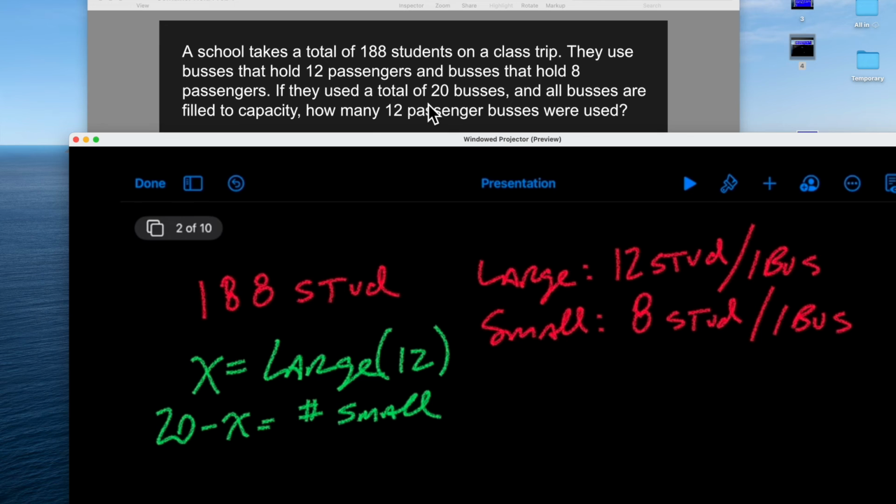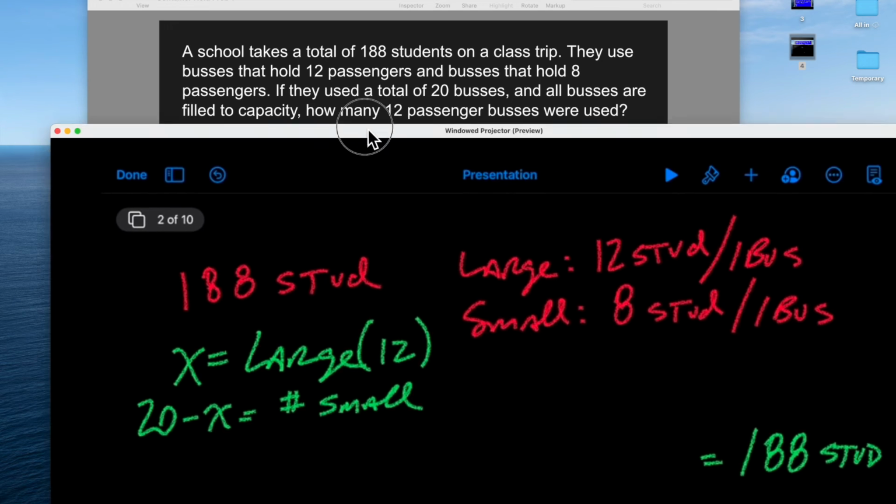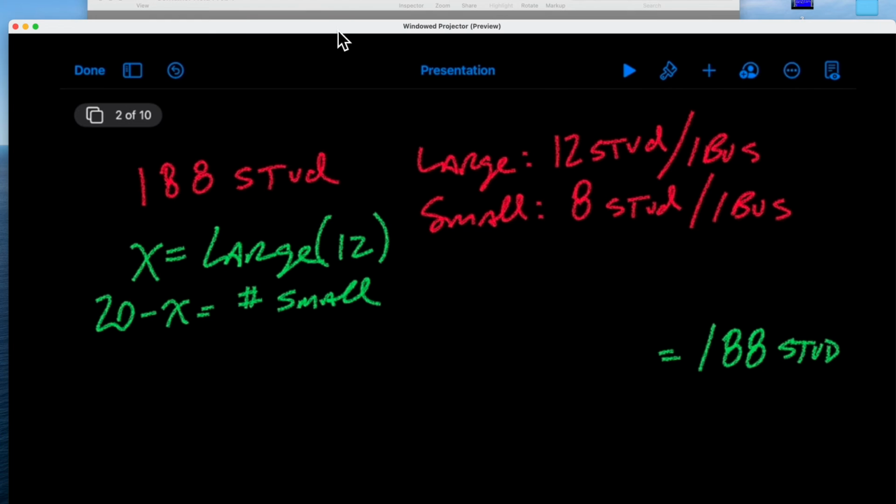When all the smoke clears, we need to have 188 students. So let's look first at the number of students contributed by the large bus.